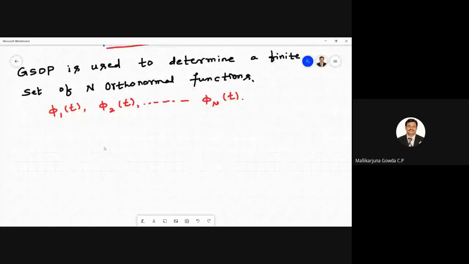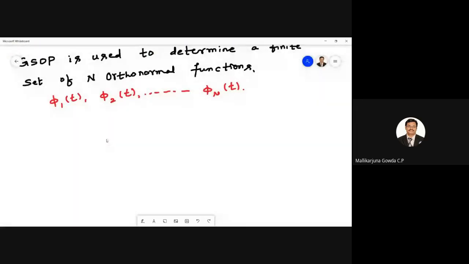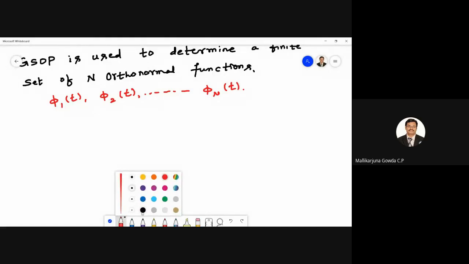By determining the basis functions, we will be able to express s i of t as a linear combination of these n orthonormal basis functions.